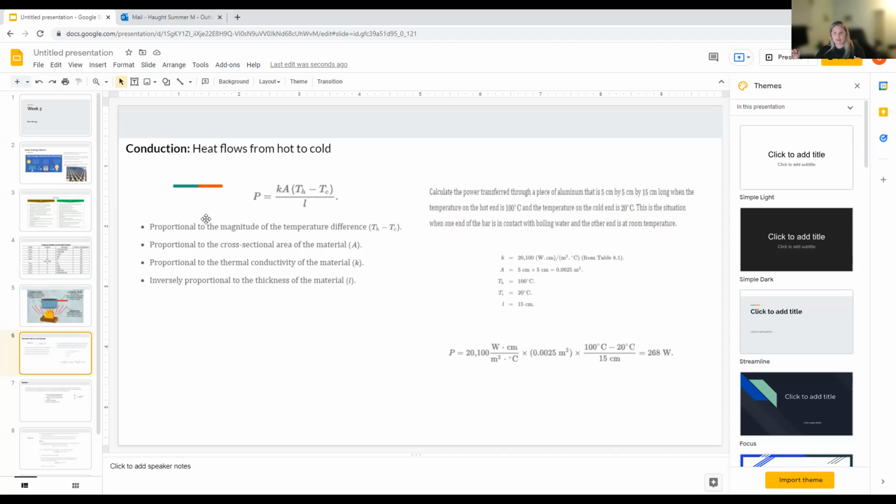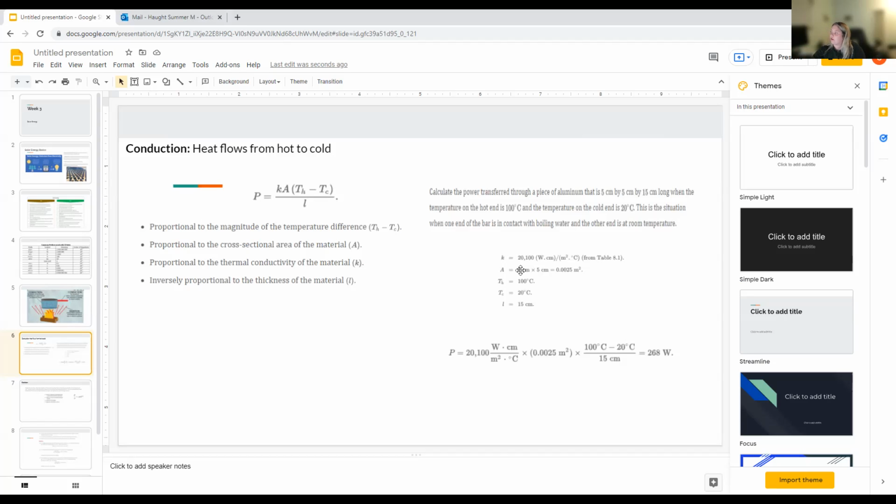So if you saw that a lot in the textbook, that's what the P over A meant. It's a measurement of how big that power is, which is a complicated term that you shouldn't have to know. But P essentially is just related to power.